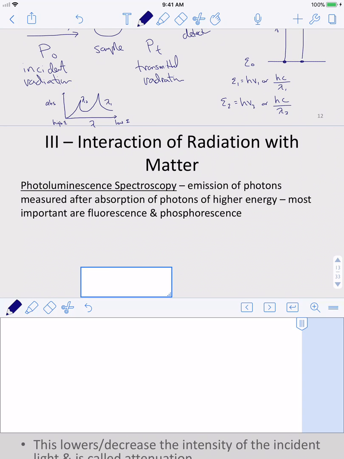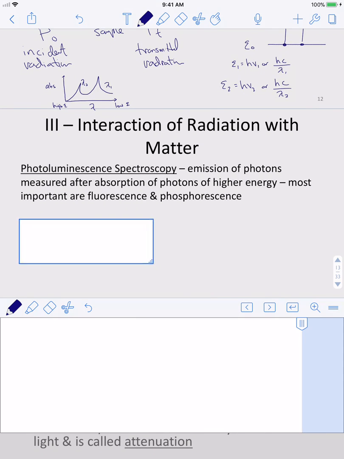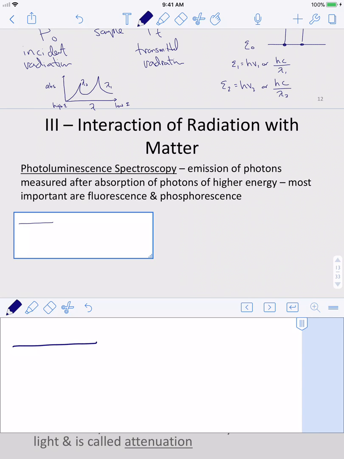And the most important of these are called fluorescence and phosphorescence. And typically we focus on fluorescence rather than phosphorescence. But how this works is very similar. You have some incident radiation, and same kind of setup here. You have incident radiation that comes in.